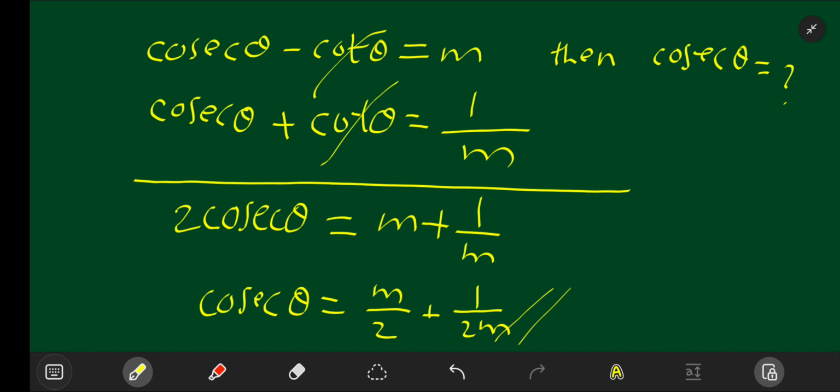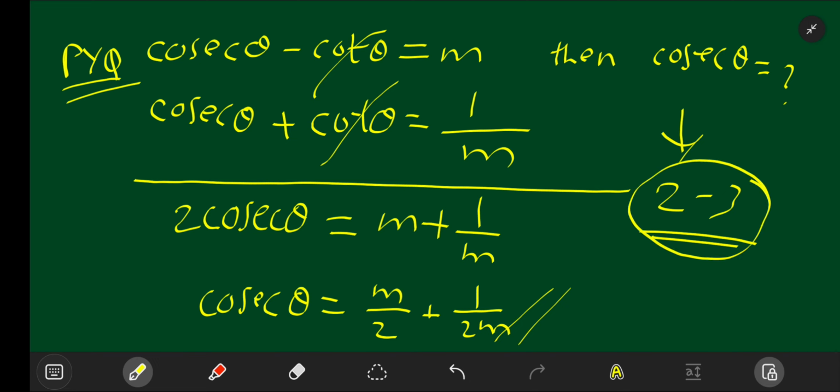Okay, this is also an important PYQ because this question is repeated 2 to 3 times, I think. In the CDS exam, from the trigonometry chapter, a few questions will repeat.